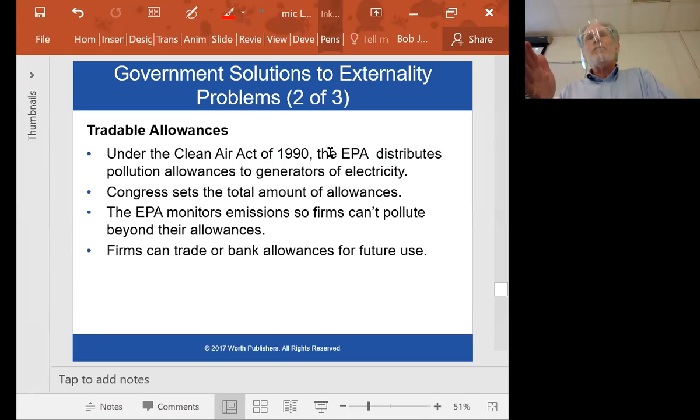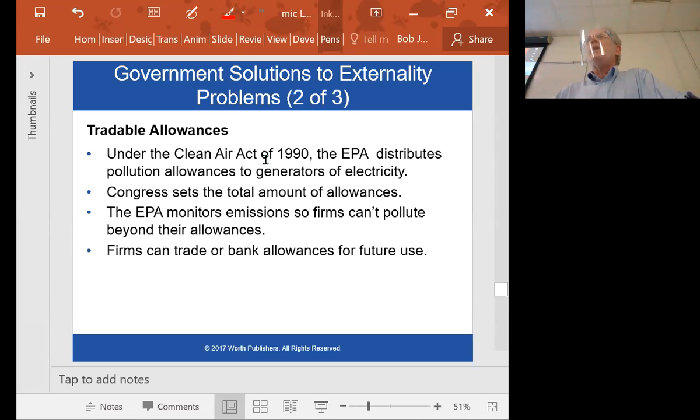And then the government can issue pollution allowances so that each firm is allowed to emit a certain amount of pollution and no more. It's a very flexible type of policy. The allowances can just be given to firms, or they can be required to buy them. You can do it either way. And they are tradable.